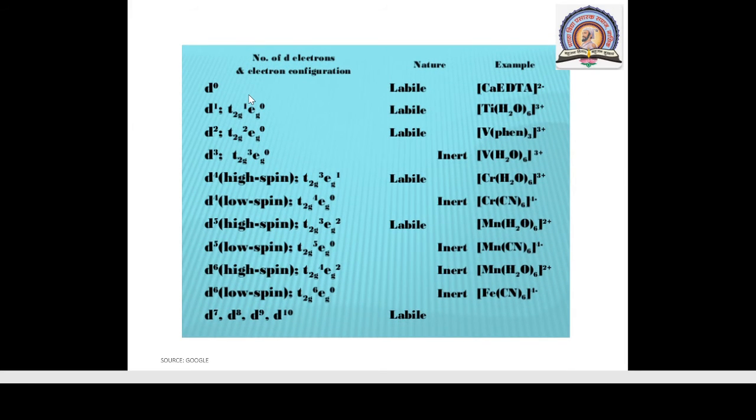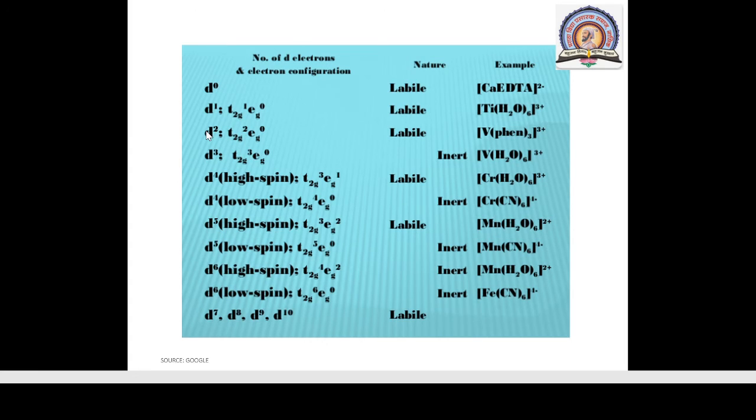So here are all the examples, starting from d0 to d10. So let's see d0, it is labile. As I have already told you, if your system contains d0, there is a chance for an entering ligand, so it must be a labile complex. If the system contains d1, obviously there is only one electron in the T2g orbital, so again it will be labile.